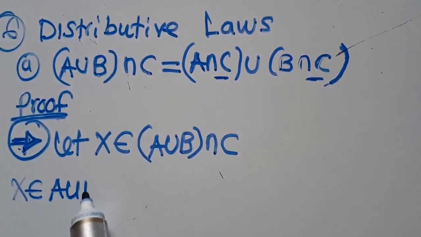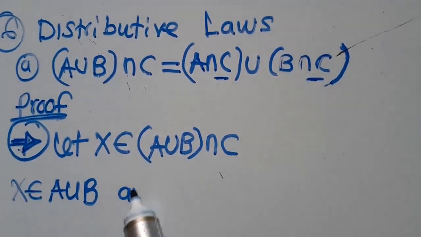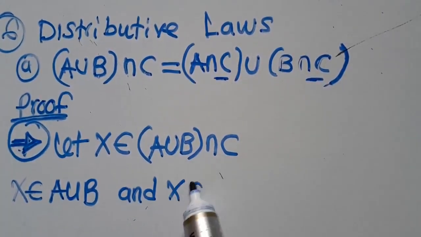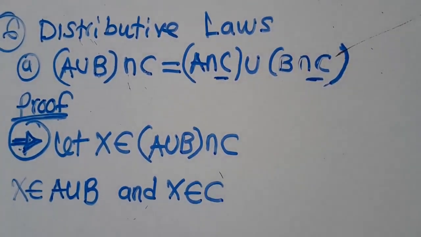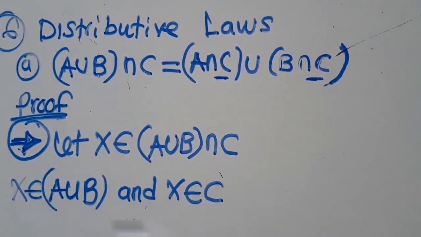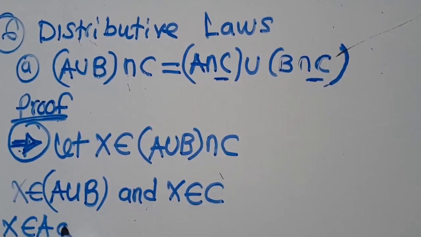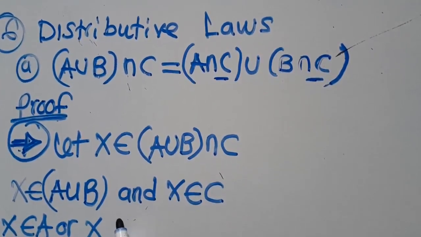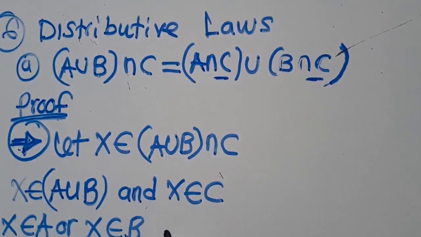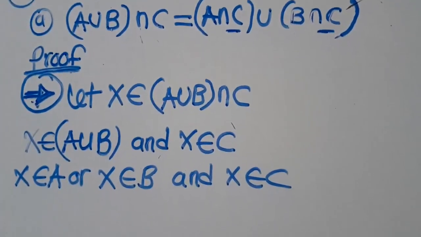A union B, and intersection, and X is a member of C. Then I separate these which are in brackets. I say X is a member of A, or X is a member of B, and X is a member of C, like this.